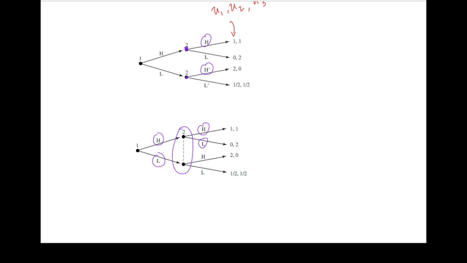That's an important feature of extensive form games: while they look like they have time built into them, with players moving sequentially, they don't necessarily have to be moving sequentially. It could be that player two is moving at the same time as player one. So player two has to choose between H and L at exactly the same time as player one is choosing between H and L, even though we represent it in a way that looks like he's following player one.